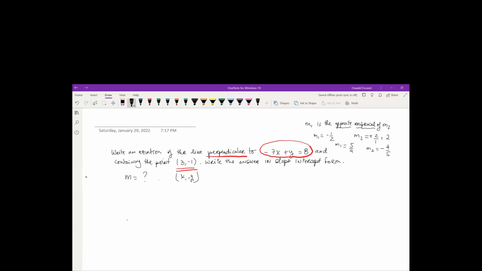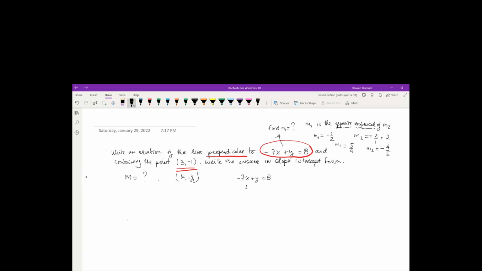So our goal is to find m1, because that is the slope of the given equation. How do we find that? Well, first of all, -7x plus y equal to 8 is in standard form, and the slope is not given to us in this format.